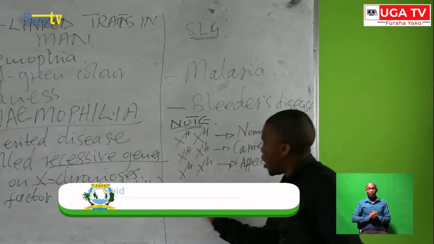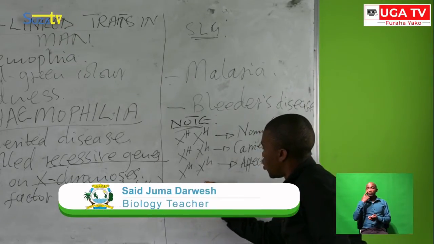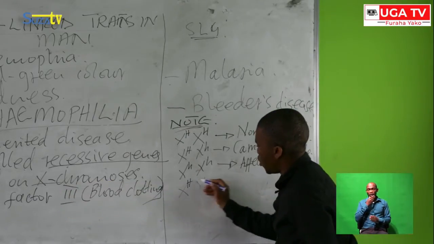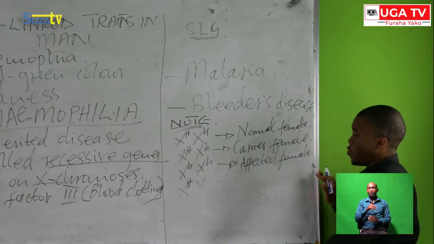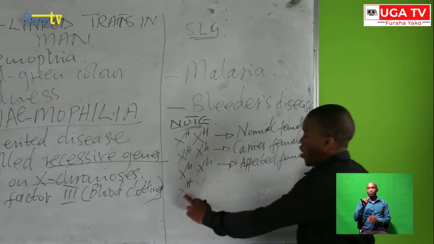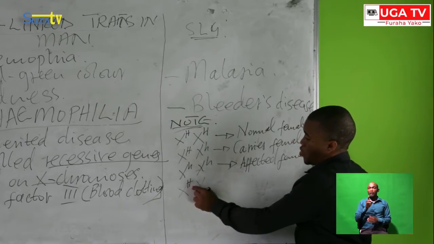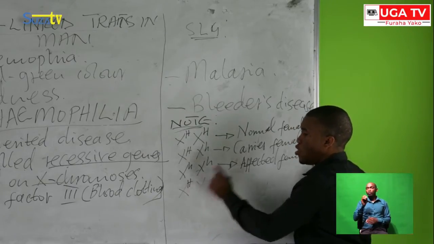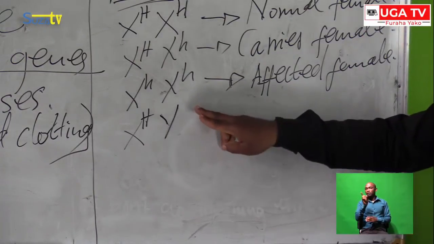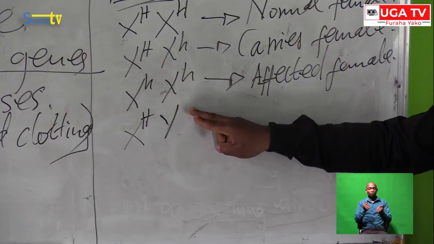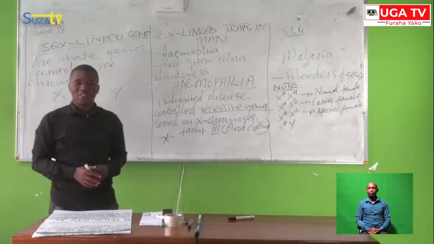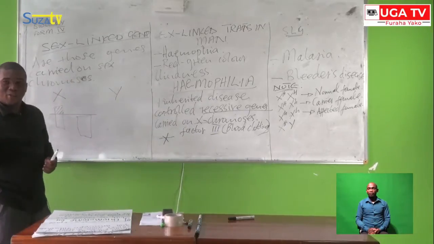Thank you very much. Let us look at the male. Imagine here we have such a male, X, Y, and the X chromosome carries a dominant gene. Who can try? Why don't we put any gene on the Y chromosome? Zuena, can you try?